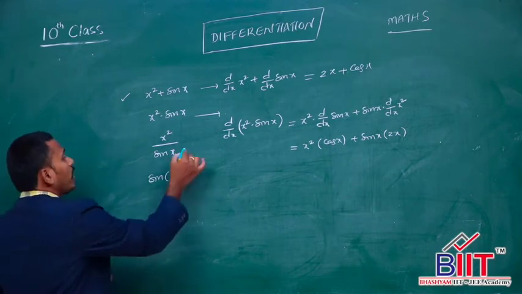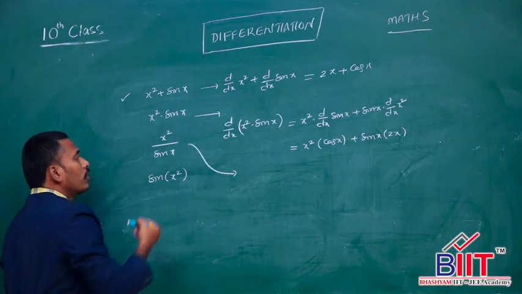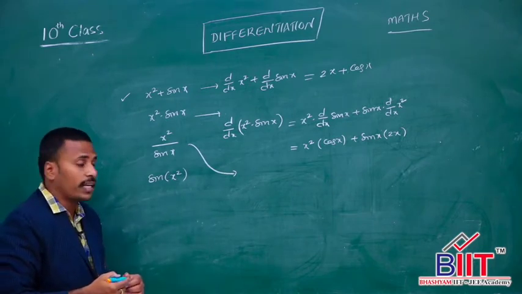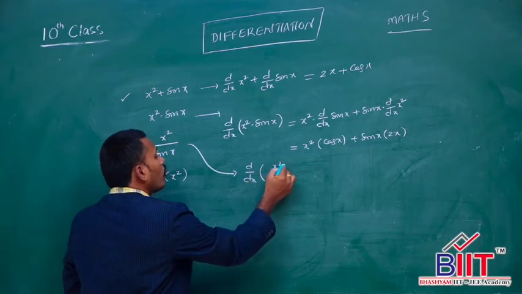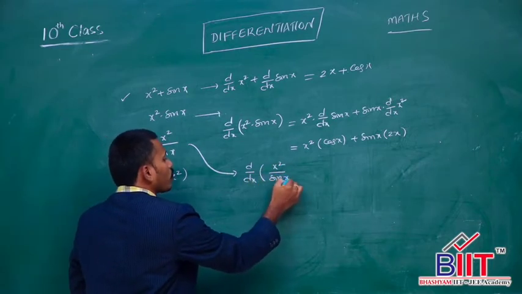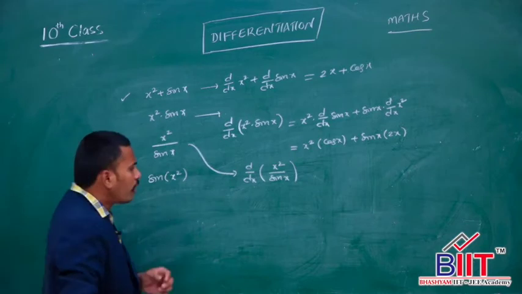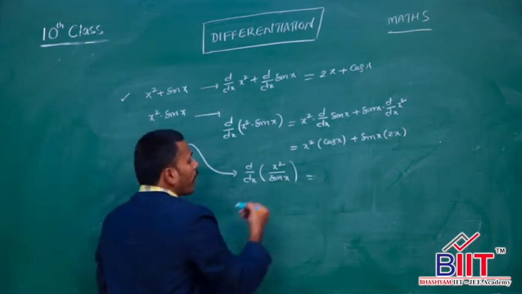Okay. And the next thing is the derivative for the quotient rule, x square by sin x. I need to calculate the derivative of this ratio, x square by sin x. What is our numerator by denominator rule?